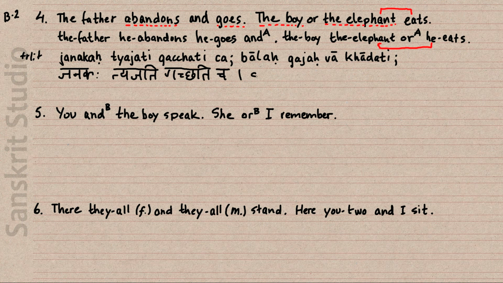And then we do our little boy here, Balaha, together with his favorite elephant, presumably, and a conjunction va.